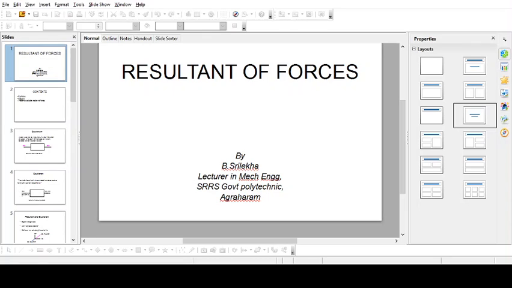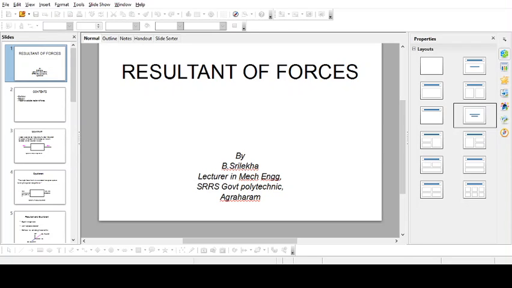Thereafter we also discussed Lami's theorem. According to Lami's theorem, if three concurrent forces passing through a point are in equilibrium, then the ratio of each force to the sine of the angle between the other two forces is constant. So P by sin alpha is equal to Q by sin beta is equal to R by sin gamma, where P, Q, R are the forces and alpha, beta, gamma are the included angles.